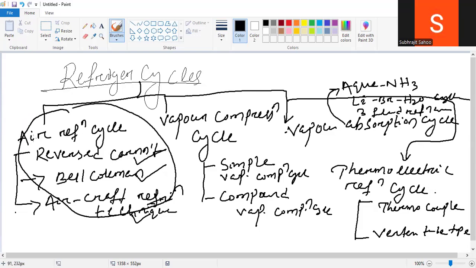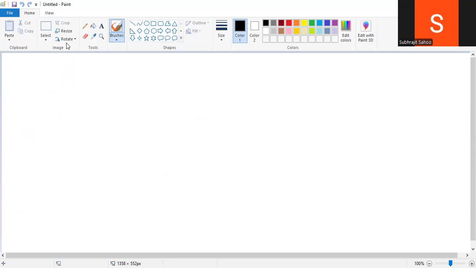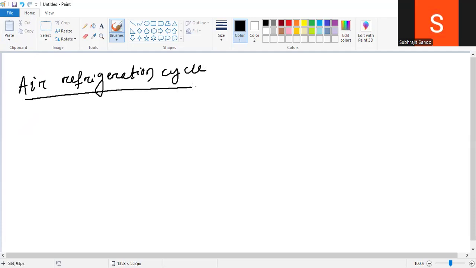The air refrigeration cycle. So why is it called the air refrigeration cycle?